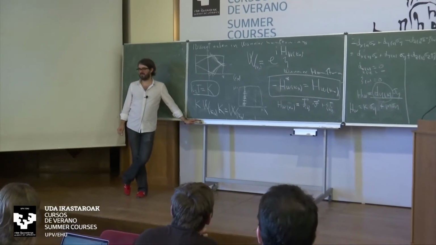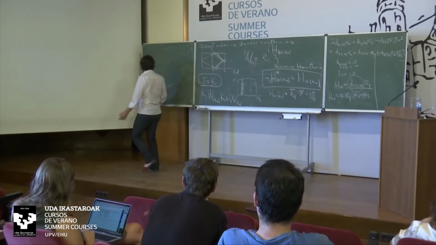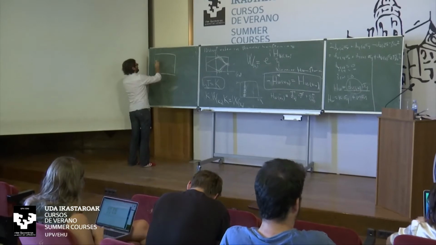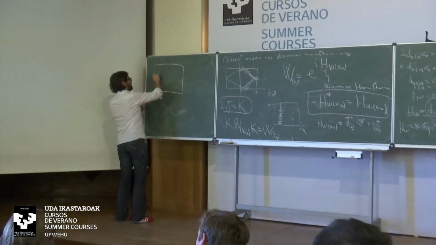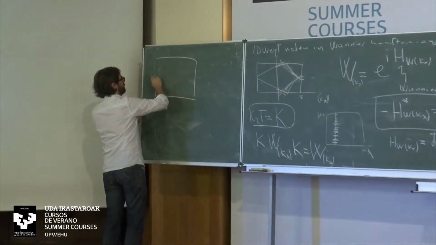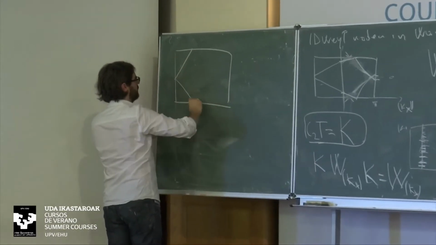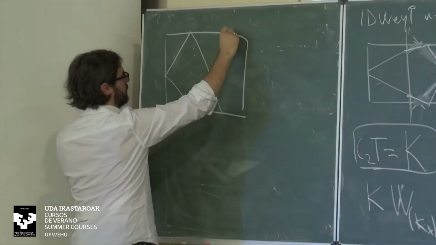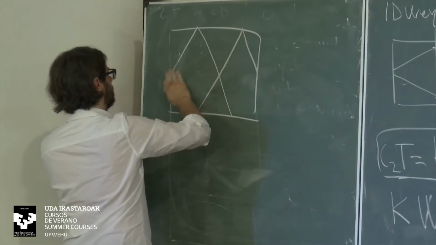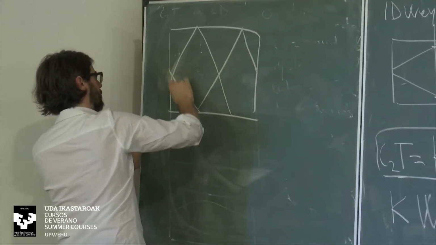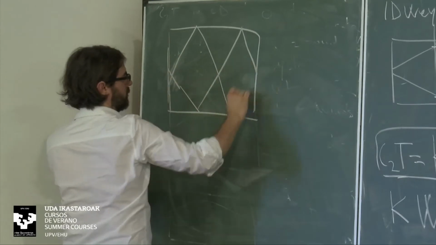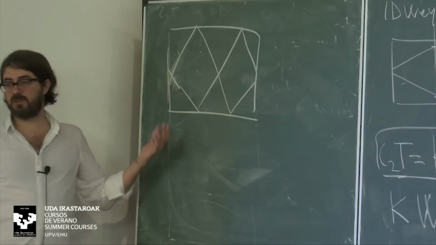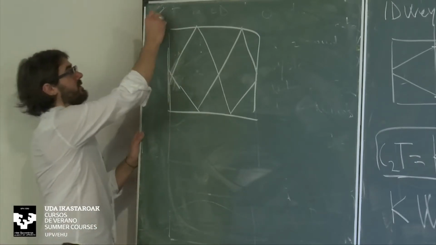More questions? Okay, so now let me show you another state. This is another Wilson loop flow in a C2T system.